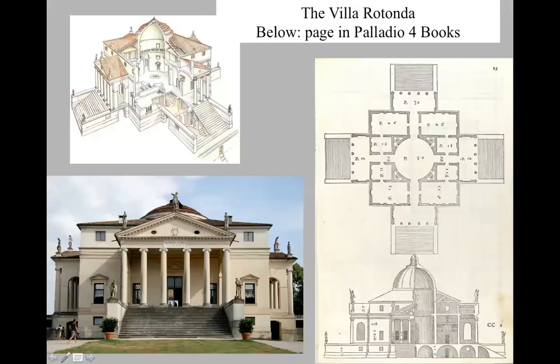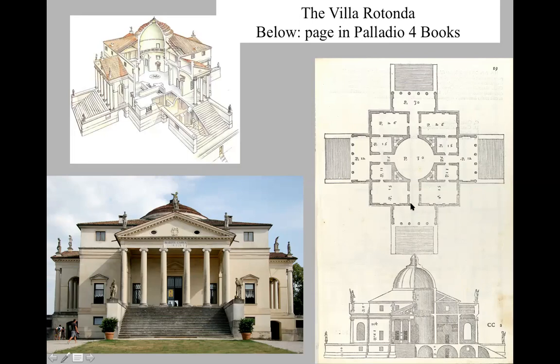So this is the Villa Rotonda. Photograph on the left, cutaway diagram above, showing you the four porticos, four temple fronts leading into a central hall. And above the hall there is a dome. It's a shallow dome as built, but clearly you can see on the right, this is from the Quattro Libri, from the four books, Palladio wanted a much more evident semicircular dome.